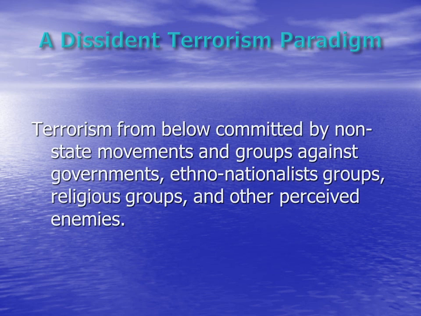Again, we're talking about a dissident terrorism paradigm. Terrorism from below, committed by non-state movements and groups against governments, ethno-nationalist groups, religious groups, and other perceived enemies. By non-state, we mean they are not like the last chapter, where we were talking about countries like Iran that use the powers of the state or the government to support terrorist activity, either in a patronage or assistance model.